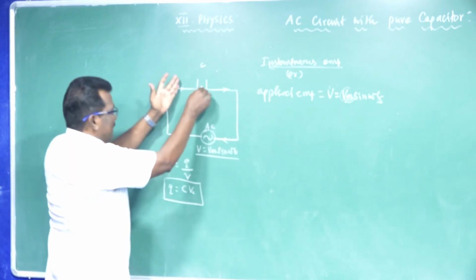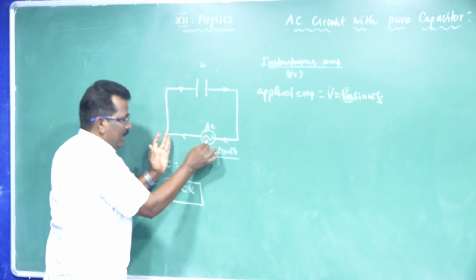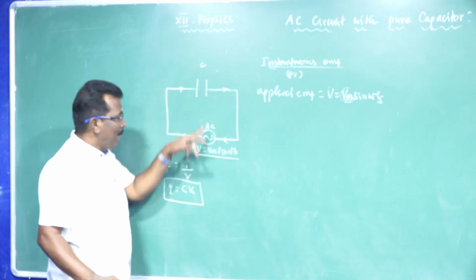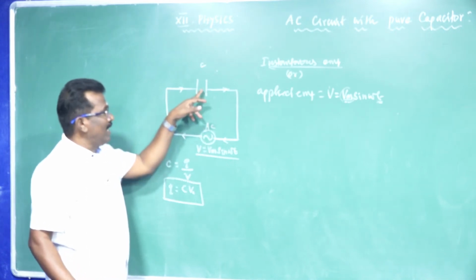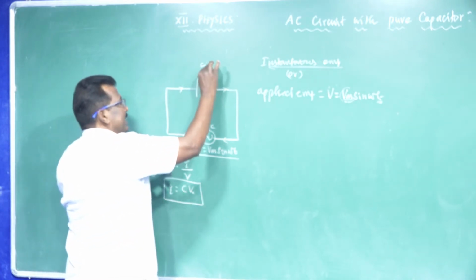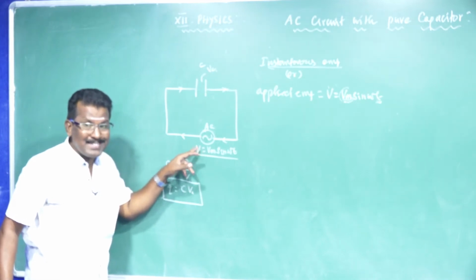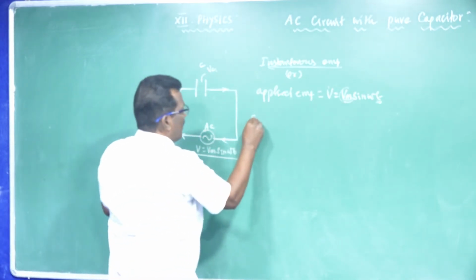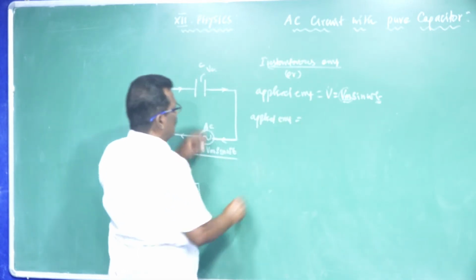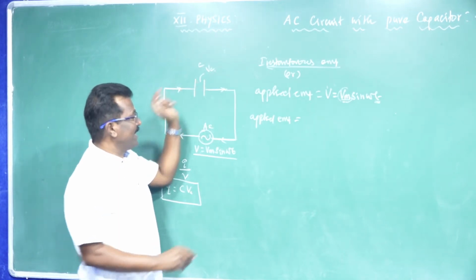Okay, so the capacitor is connected across the AC mains. The applied EMF or instantaneous EMF is V equal to Vm sin omega t at any instant. The applied EMF is equal to the potential drop across the capacitor, the potential developed across the capacitor.